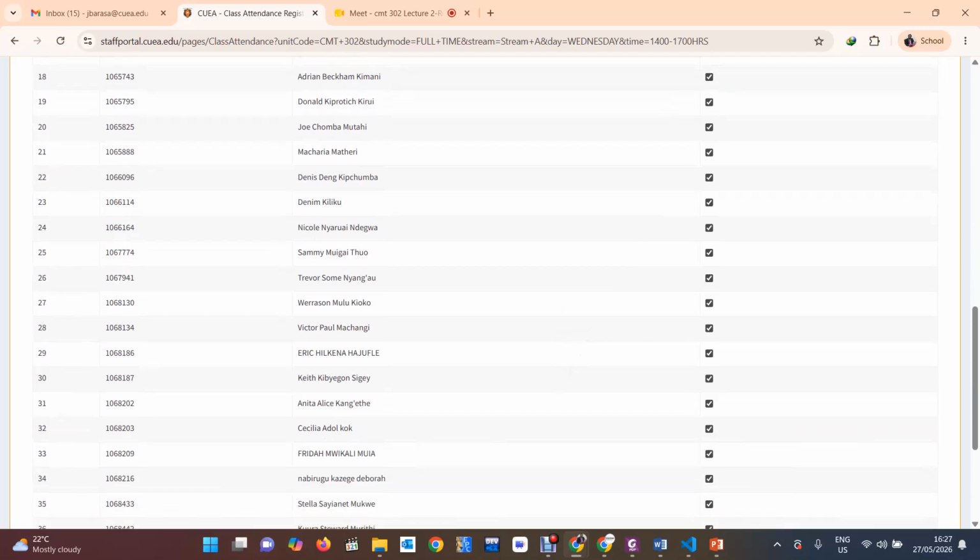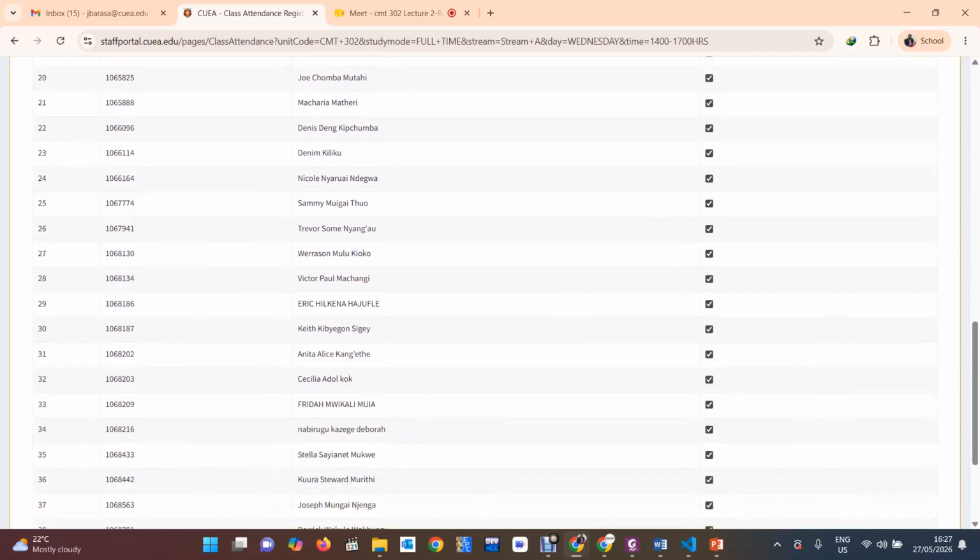Sami Mwigai, Trevor Some, Werason Mulu, Kioko, Victor Paul, Mwangi, Eric, present.